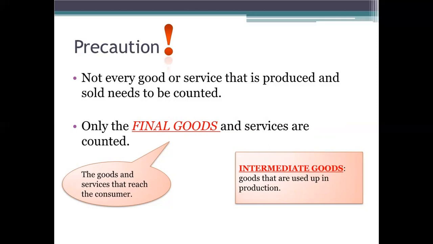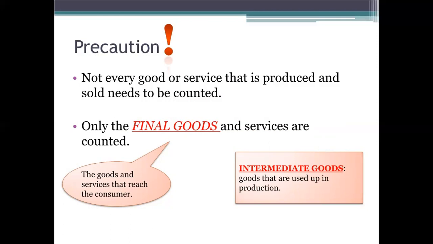As compared to final goods, goods like wheat flour are called intermediate goods. Intermediate goods are goods that are used in producing the final products and services, the goods that help us to produce the final products and services.